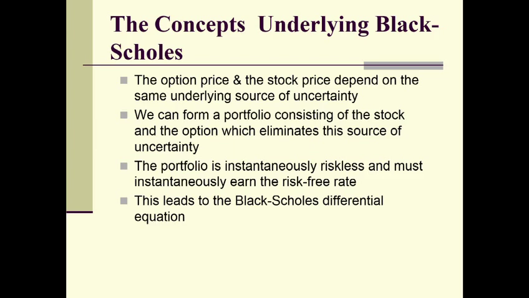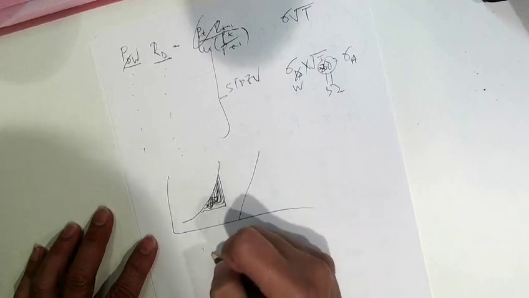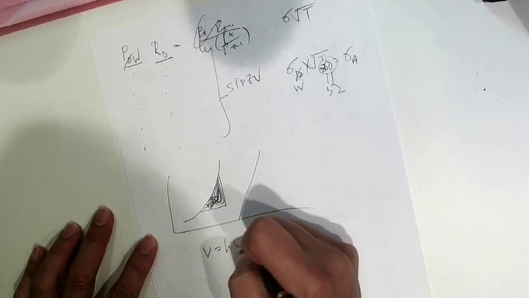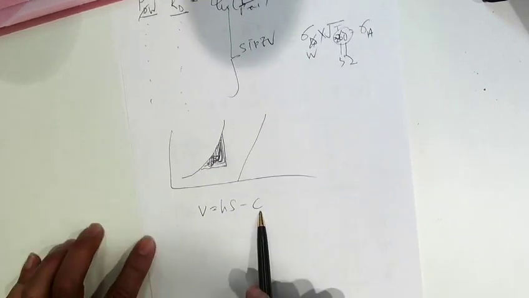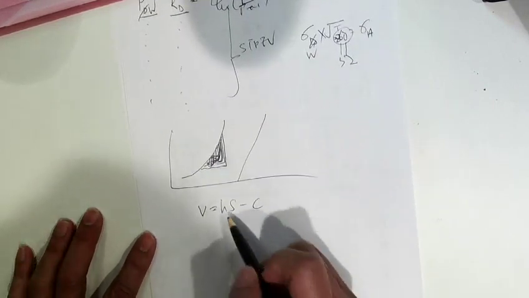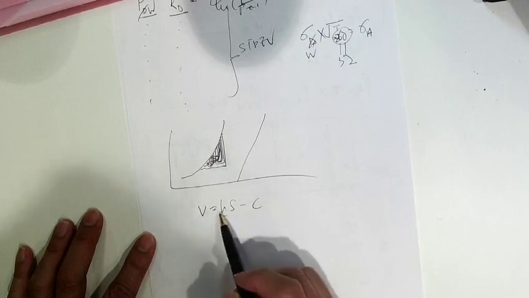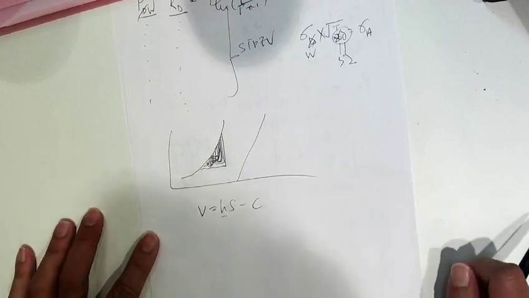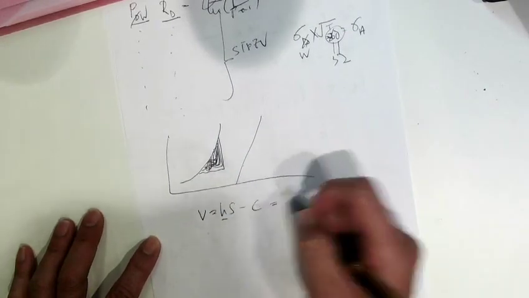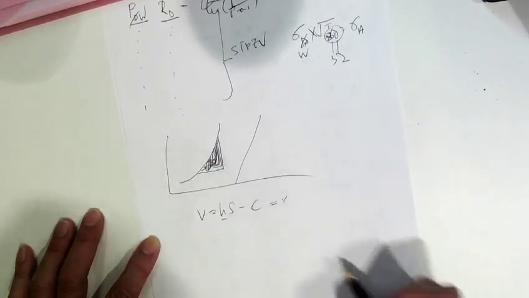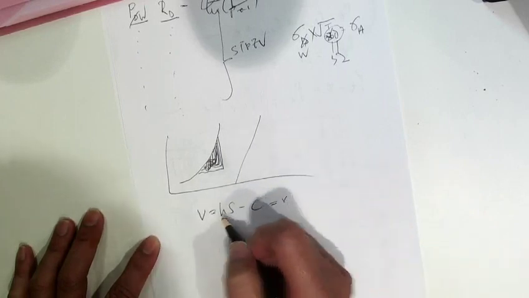So you remember that the value of your portfolio from last week is HS minus C, and this is your H ratio, in other words, how many stocks you hold for every call you short. Now, if this is risk-free, then its return must equal the interest rate. So how do you get this to be risk-free? Two things are very important.